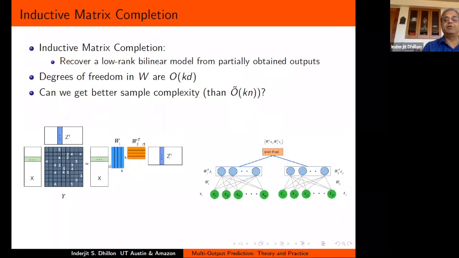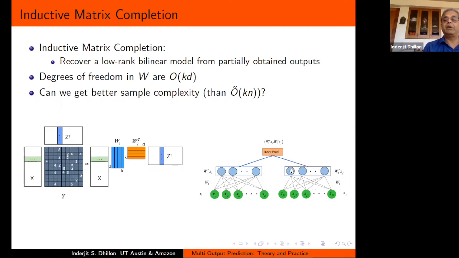Once we have inductive matrix completion, we are actually given, let's say, features for the inputs, which are denoted by the X's, and features for the outputs denoted by the Z's. And so you can think of this as a two-layer neural network, where in the first step, you get an embedding of the input features.